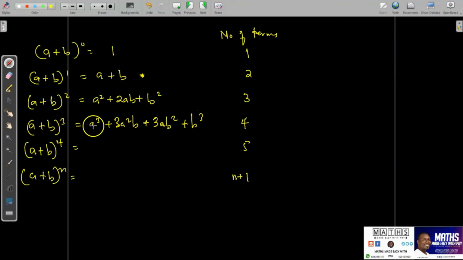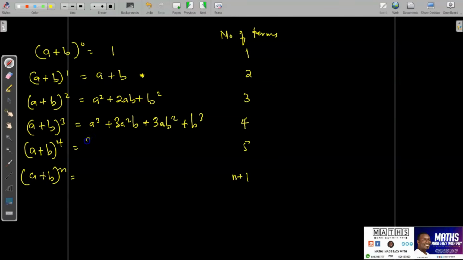At the end of it all, another observation is that since the highest power in the question is cube, when you put the powers of the variables together, it should give you the highest power of the question. Did you get what I said? When you put the powers of the two variables together, you should get the highest power of the question or of the expansion.